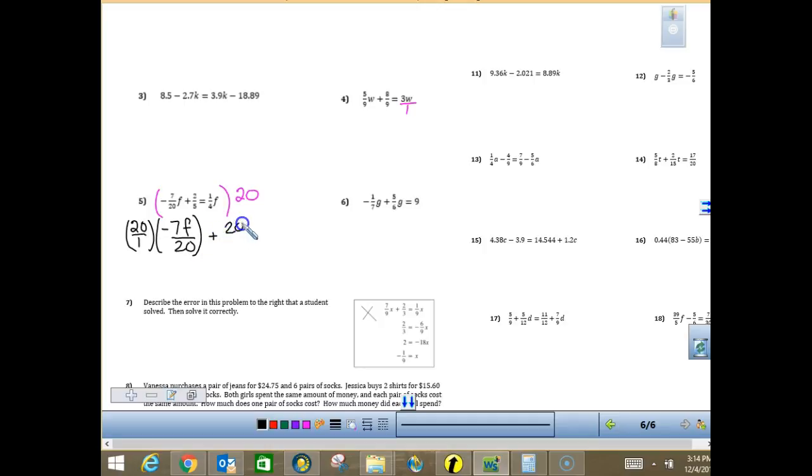Plus, I'm going to take 20 over 1 times 2/5 equals 20 over 1 times 1, and I'm putting the f in the numerator over the 4. How nice was the first one, right? 20 over 20 leaves me with negative 7f.